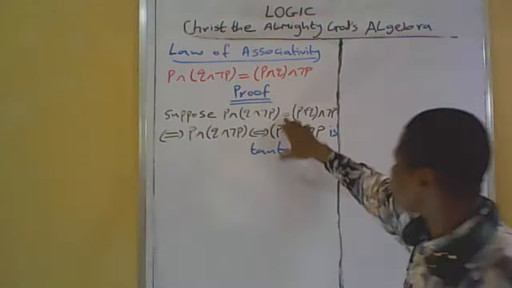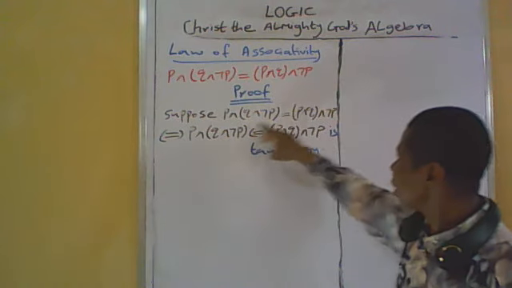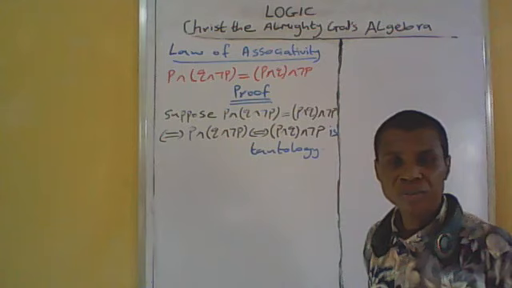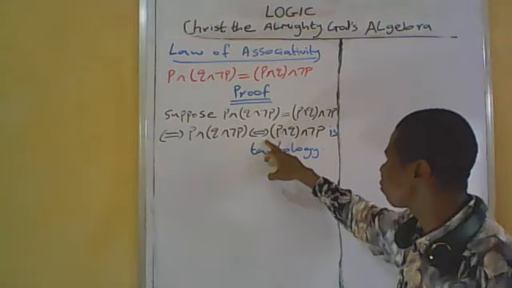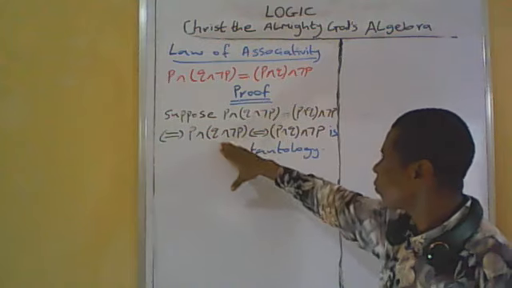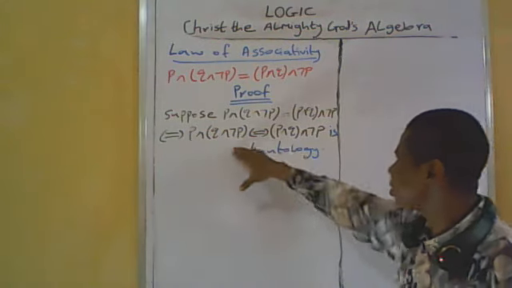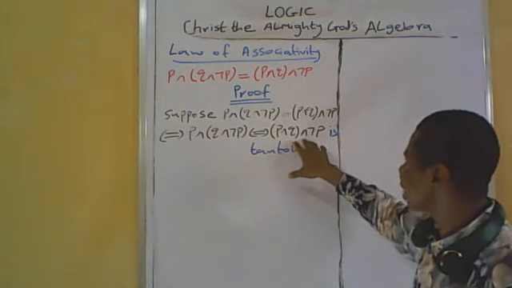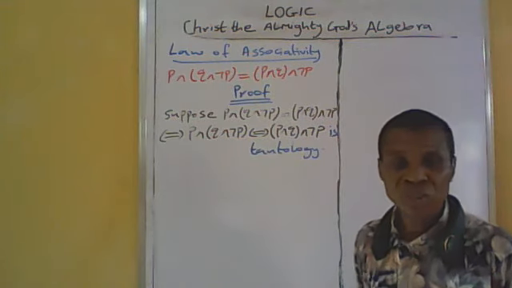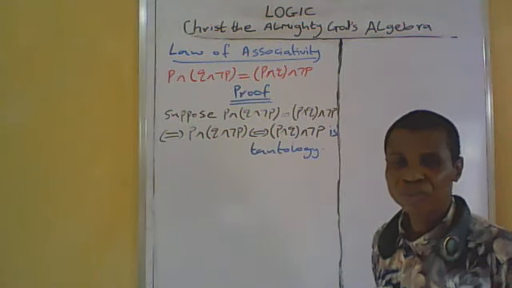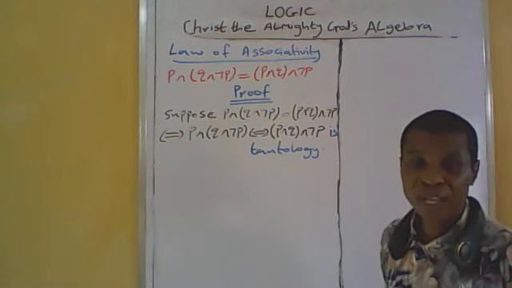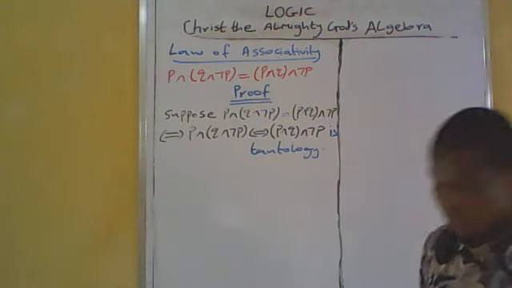Now we have transformed this to a biconditional statement. We say that if and only if, this is true, this also is true. If you evaluate this statement, you find out that there's no possibility of getting falsity, always truth. So you say that it is a tautology, being justified by logical equivalence.